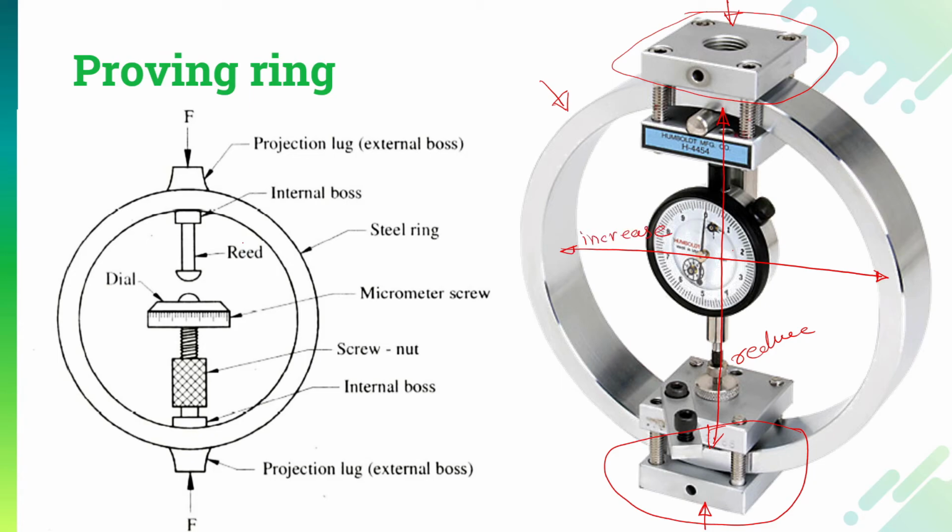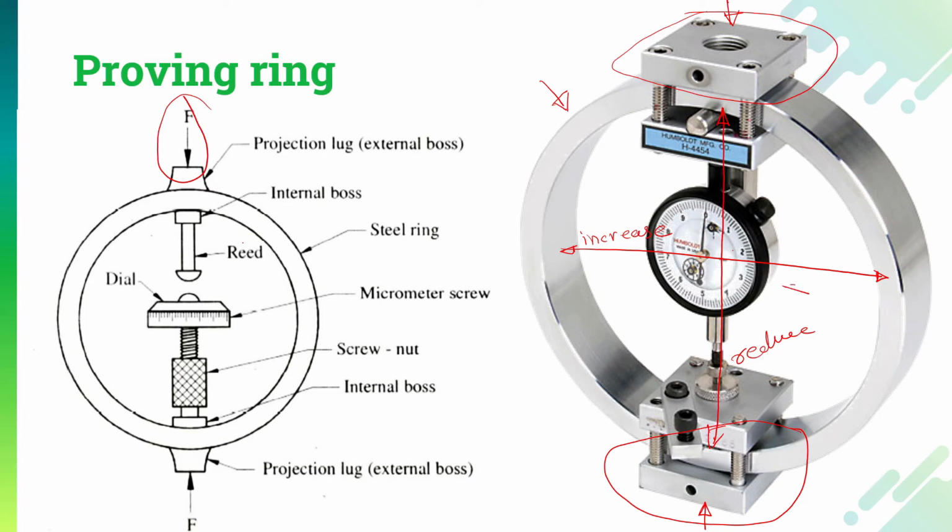This change in the diameter of the proving ring is directly proportional to the applied force. So whatever force I apply will be identical to the changes in the dimensions. This change in dimension can be measured in various ways.